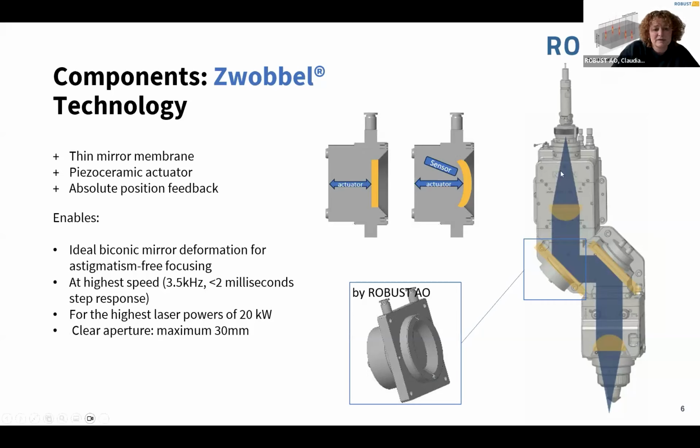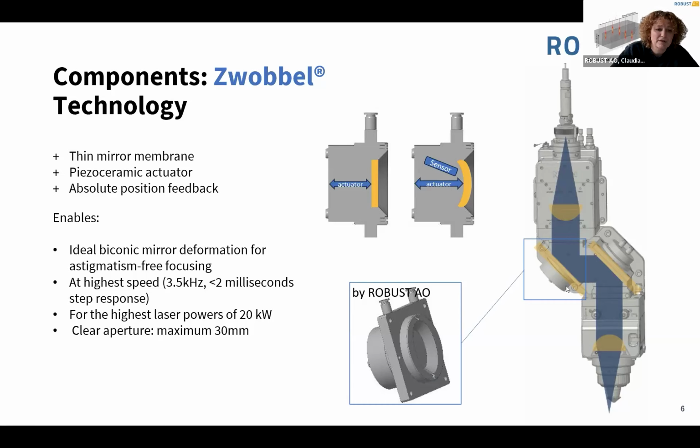It is implemented in a standard cutting head as a 90-degree deflection, and it produces almost ideal biconic mirror deformation at the highest speed. To give you some numbers, the maximum oscillation frequency that we have now is 3,500 Hertz.